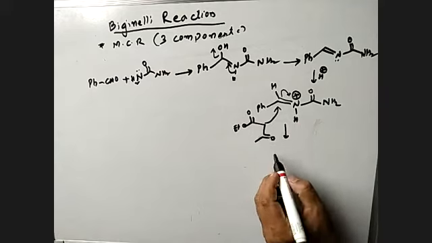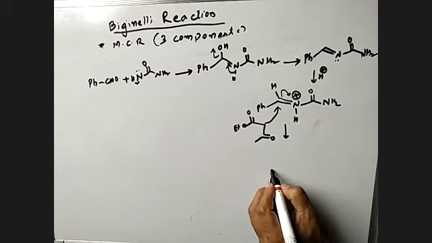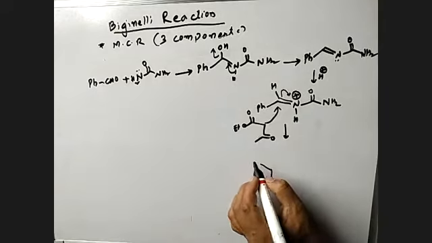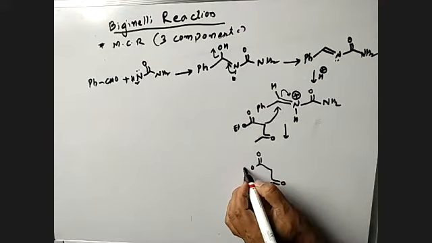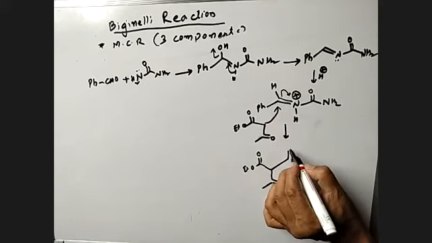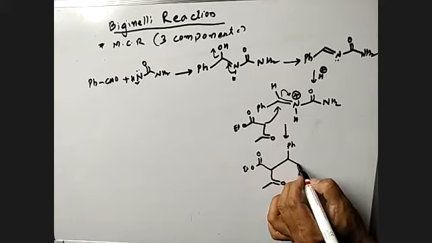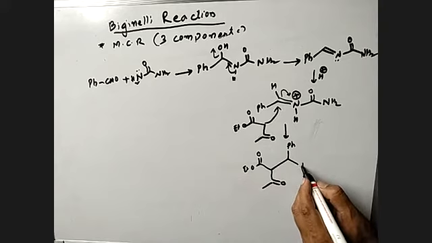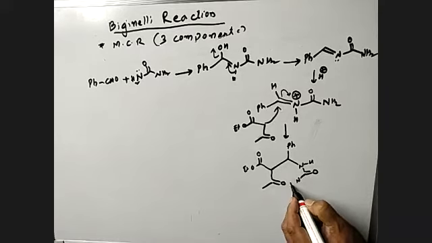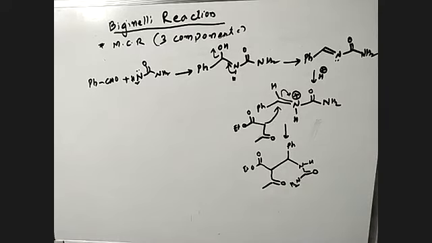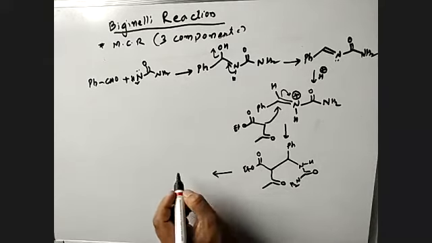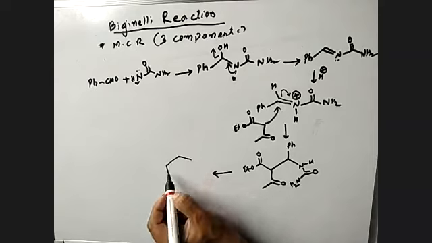So this carbon I am writing here, and you see, this is like this, and the bond is formed with the aldehyde carbon, and this side. And see, the last step is the same as we have seen before. Water loss, internal rearrangement, and the final compound would be this one.